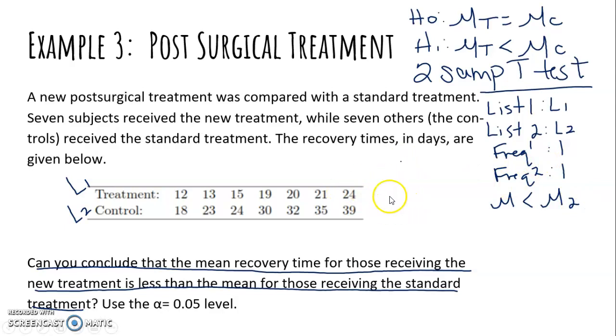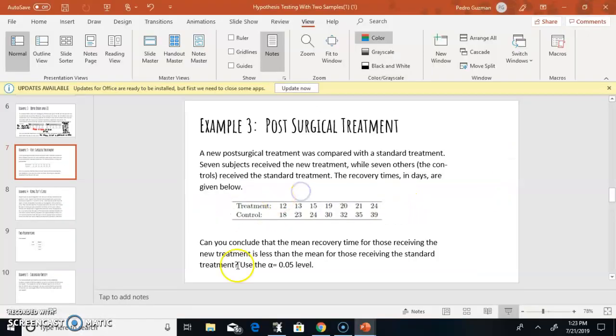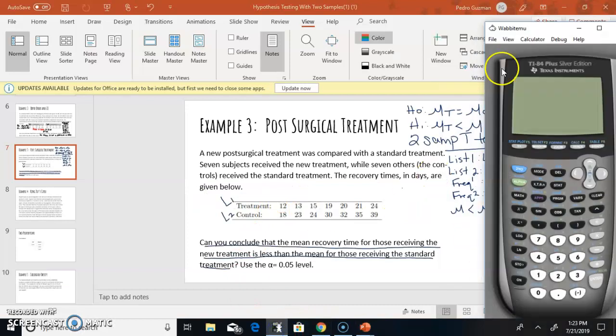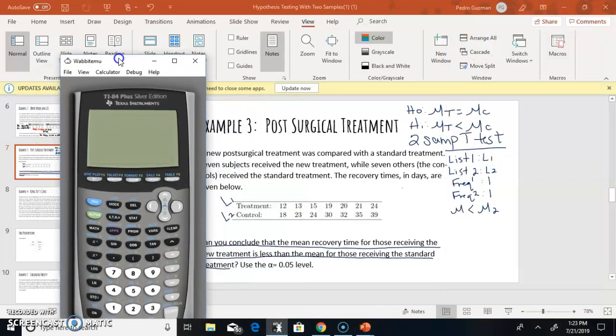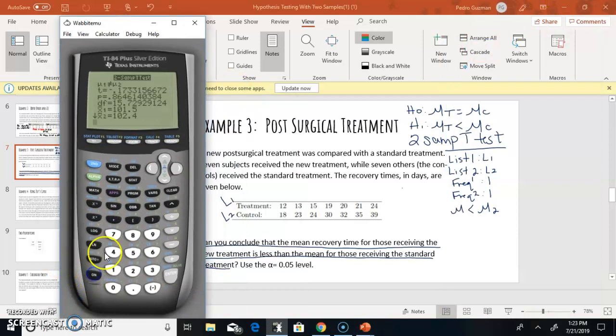I'm going to pull up the calculator, and I'm going to move it over here, and I'm going to go to L1, stat, enter, and clear out the list that I put in for, I believe that was from example 2. I'm going to put in the data for example 3.